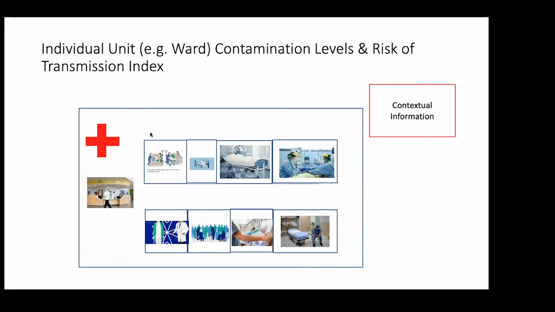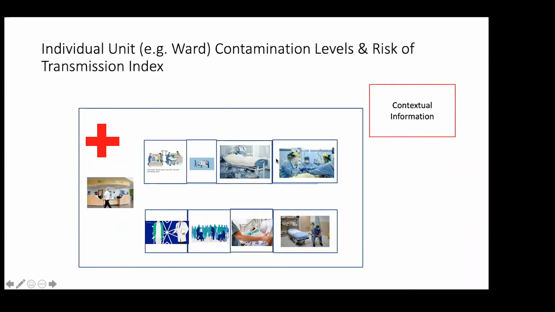Also, if you think about it, let's say we had measurements in a ward that were able to give us some idea of the risk of airborne transmission of a disease. So my little rectangle here is a pretend hospital, and I have 8 wards.